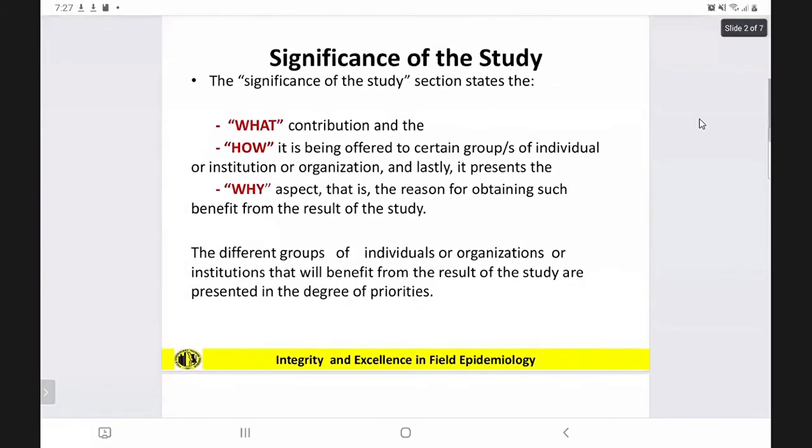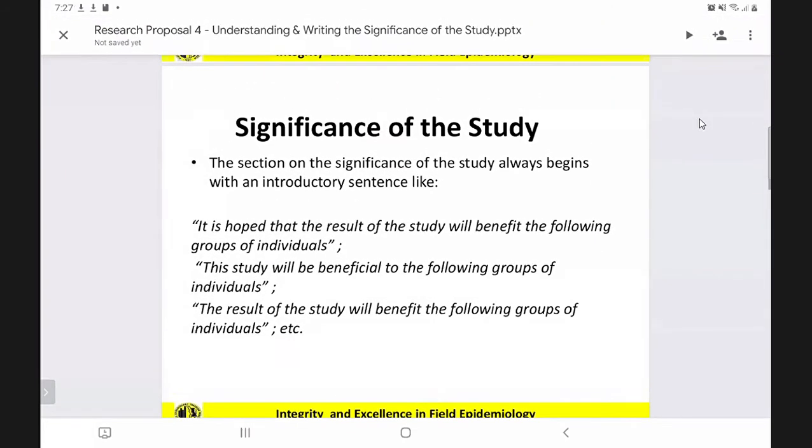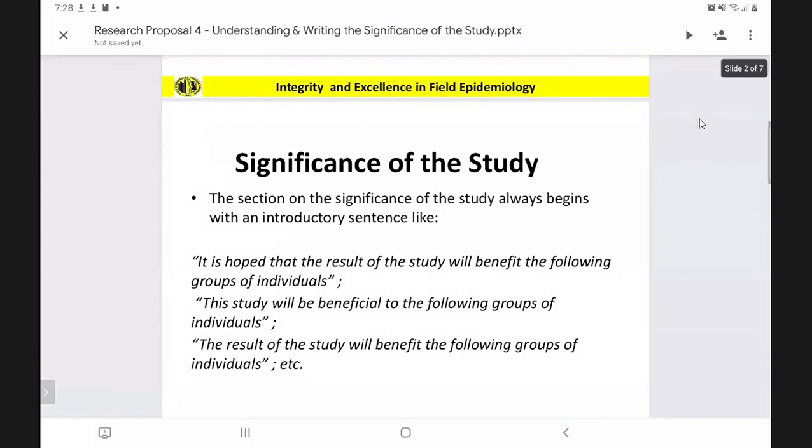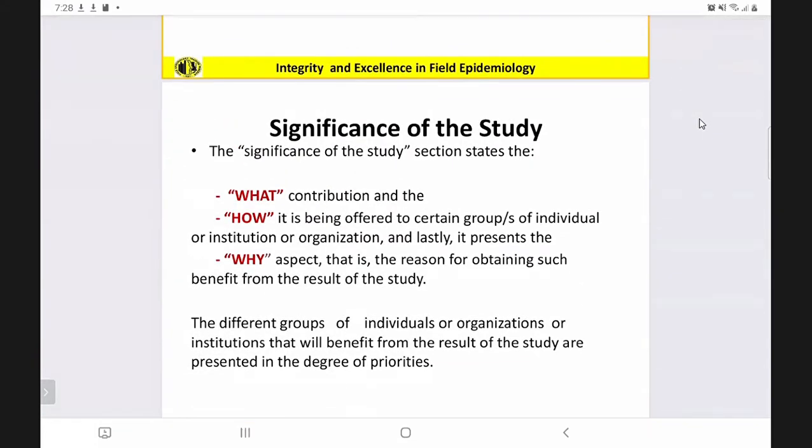So for example, in this KAP study about health workers in handling COVID-19 patients, as to the degree of usefulness, who is going to be the first priority in terms of the usefulness of the study?